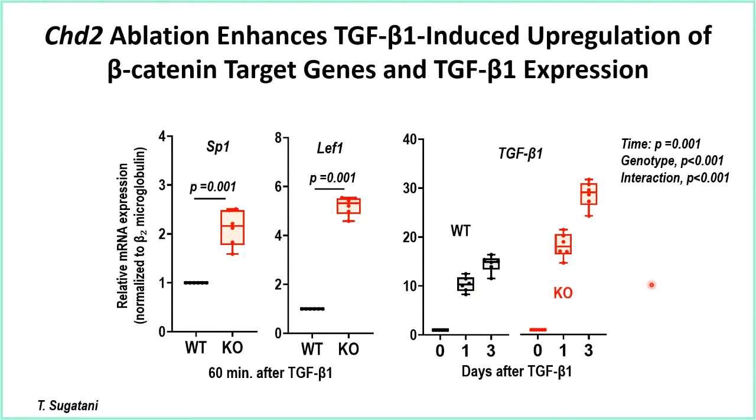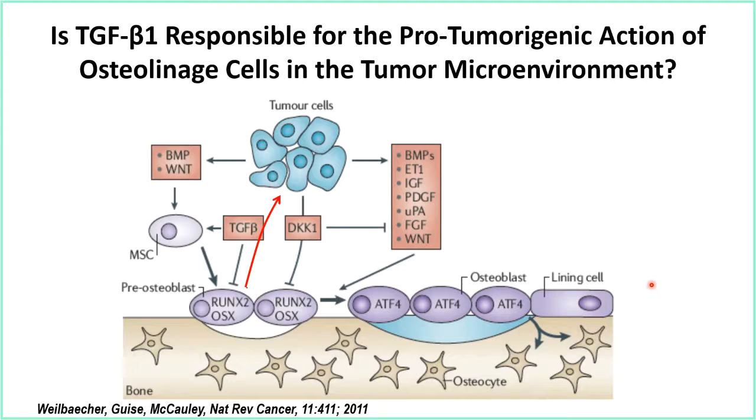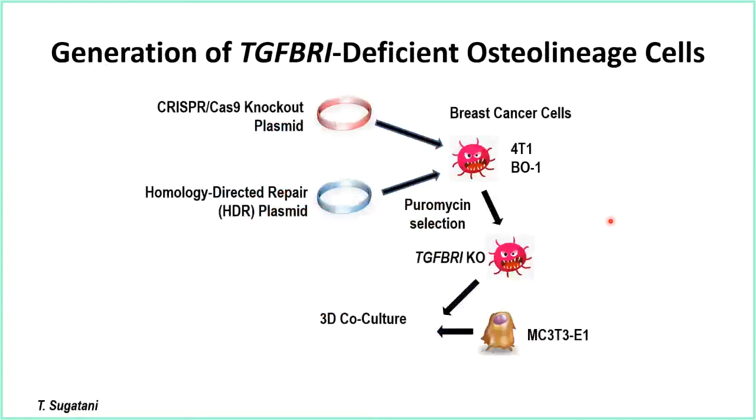And how does this play out in terms of cancer growth? Can TGF-β1 in fact be one of the main mechanisms by which these microenvironment osteogenic cells stimulate tumor cell growth? Okay, this part of the cycle was not known, although we know that tumor cells can respond to TGF-β very well.